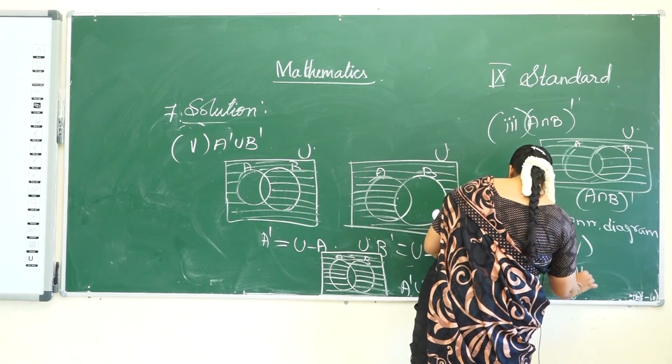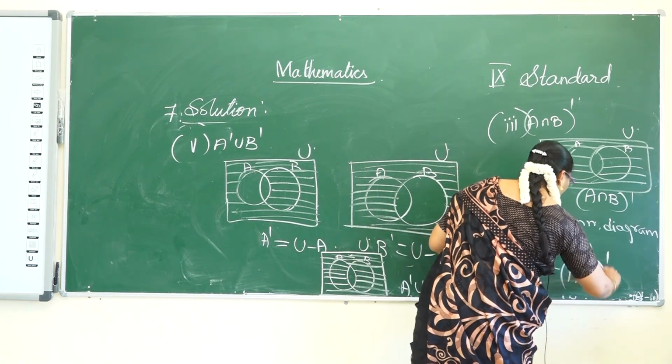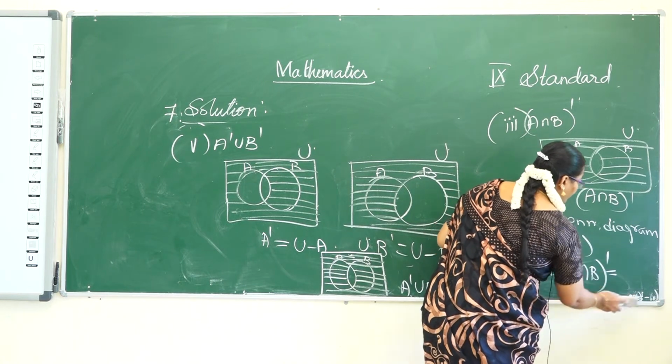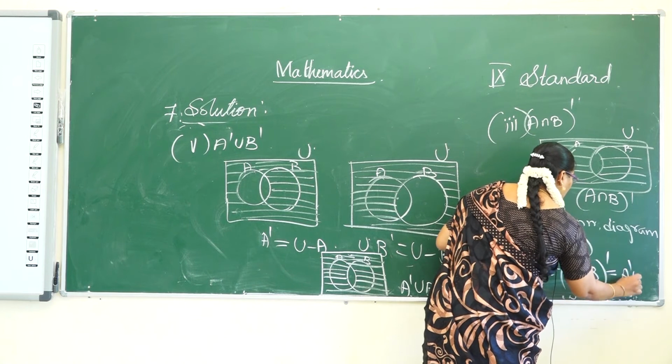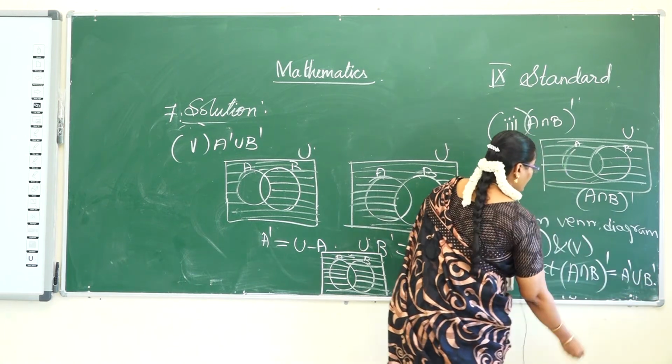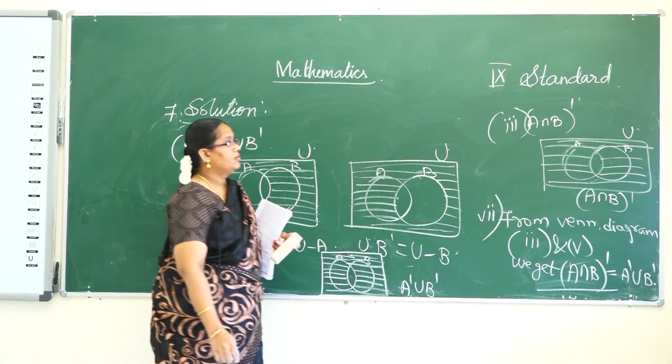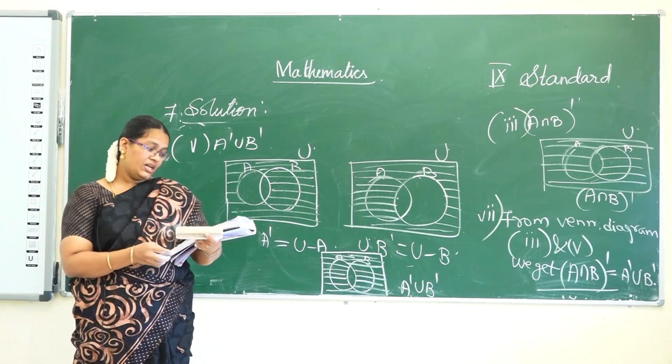A intersection B the whole complement is equal to A dash union B dash. Okay, I hope you all understand.